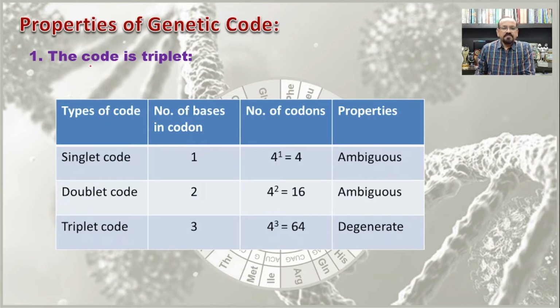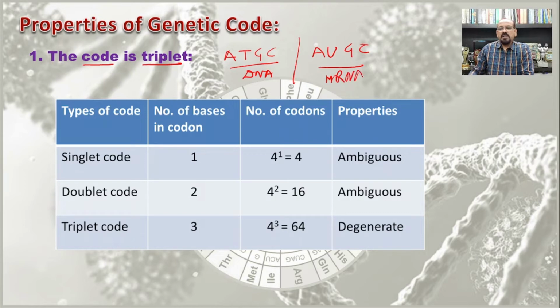Now, the code is triplet. Earlier we have seen there are 4 nitrogen bases, that is A, T, G, C on DNA, and A, U, G, C on mRNA or RNA.